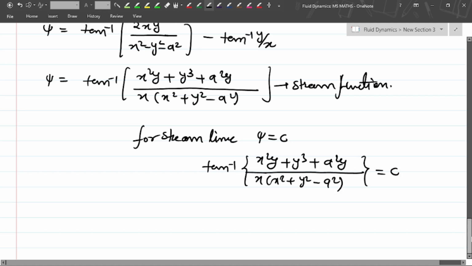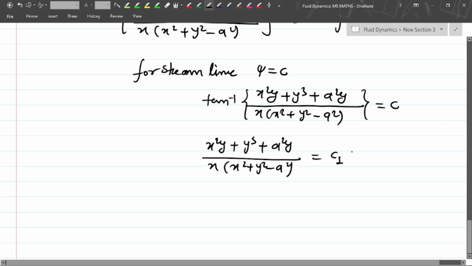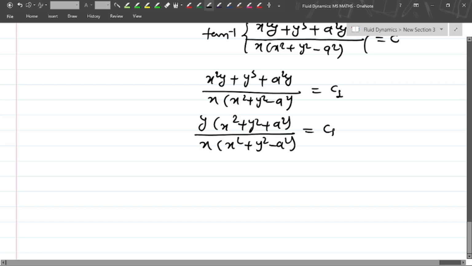So what we get is x square y plus y cube plus a square y over x into x square plus y square minus a square is equals to some constant, because tan c is again a constant c1. Now I can write it as y into x square plus y square plus a square upon x into x square plus y square minus a square is equals to some c1.